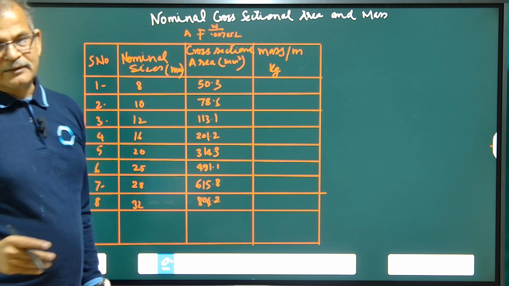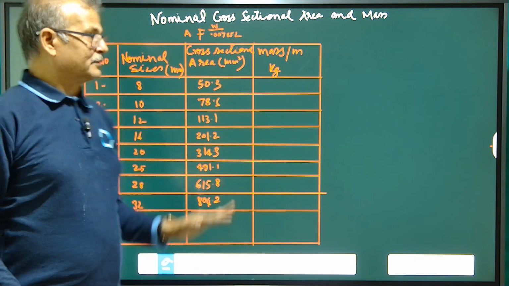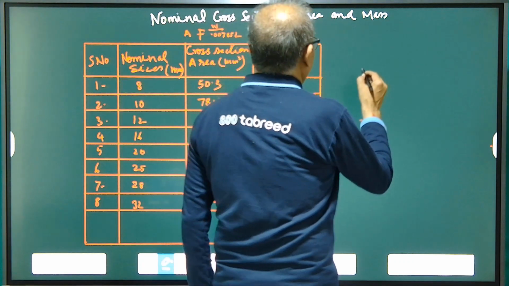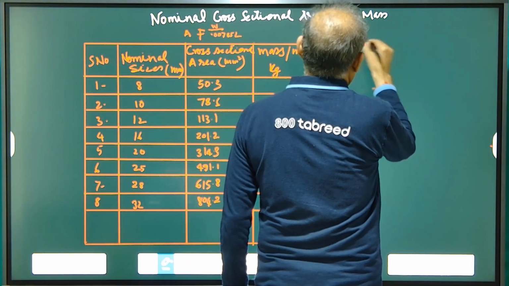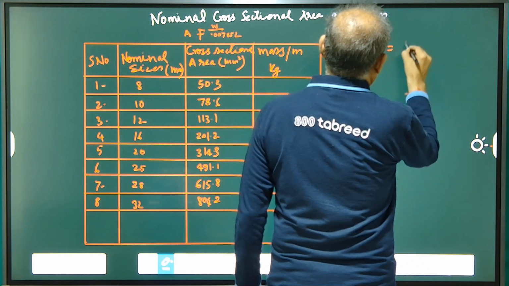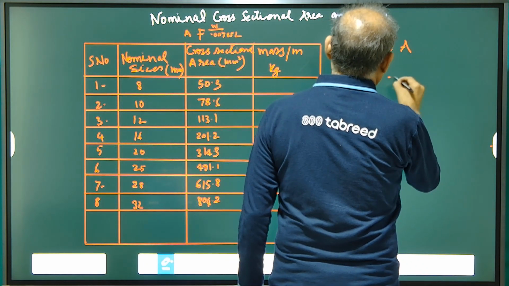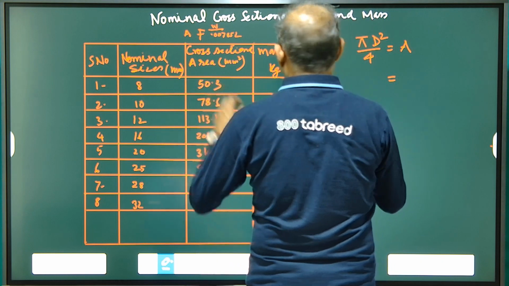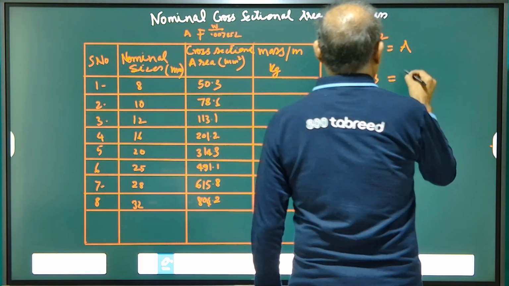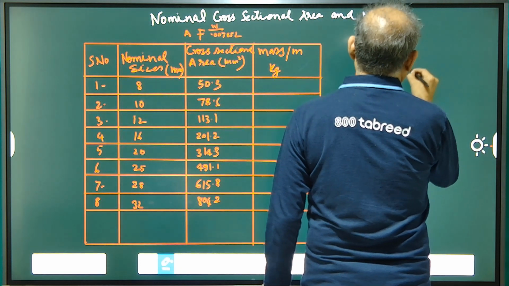So all this calculation can be done by weight upon 0.00785. So this is the indirect method of calculating the diameter. Now we can calculate the diameter of the bar. Say pi d square upon 4 is the area of cross section. Now we know the area of cross section, say it is given 50.3. Now pi is say 3.14.